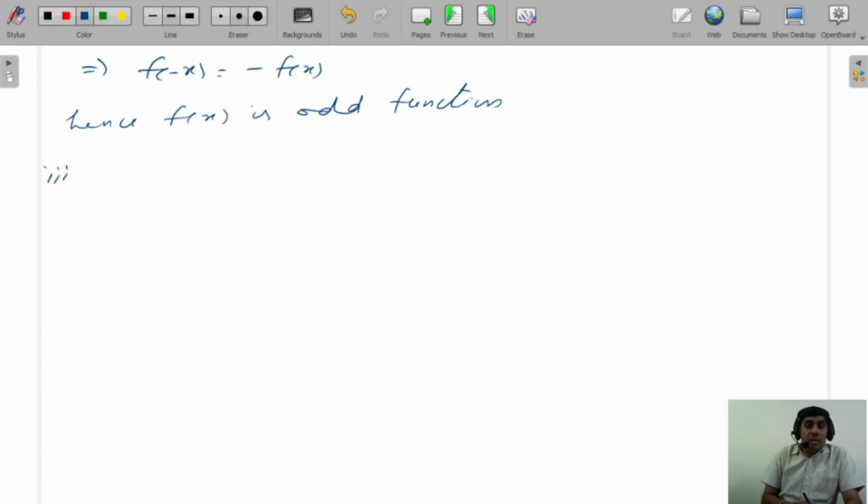Third, y is equal to modulus of x plus 7, that is f(x) is equal to |x| + 7.